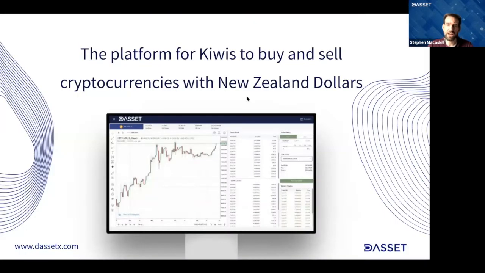Dasset is New Zealand's trading platform for cryptocurrencies and digital tokens. We have over 80 digital tokens on our platform, and we're always adding more. Looking at our platform, we can tell that people like to do the same thing. We like to follow others.